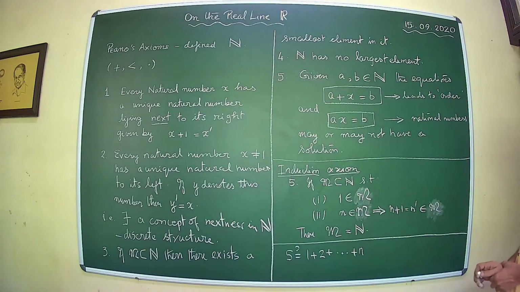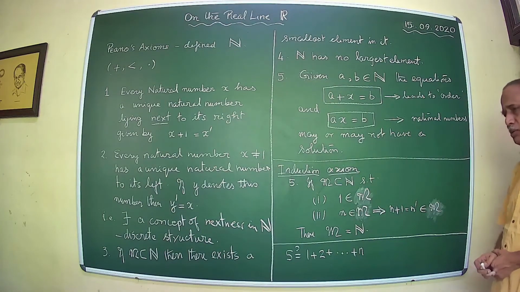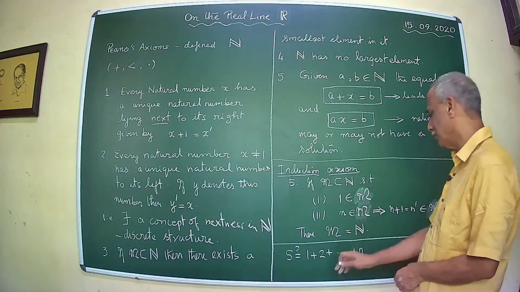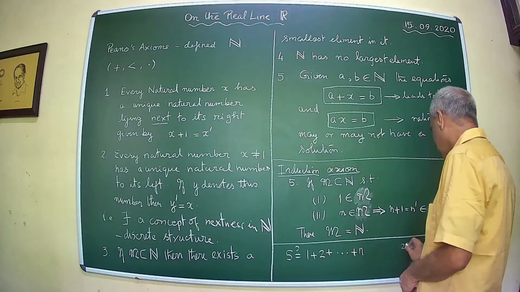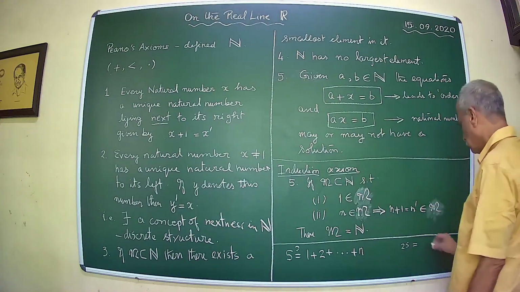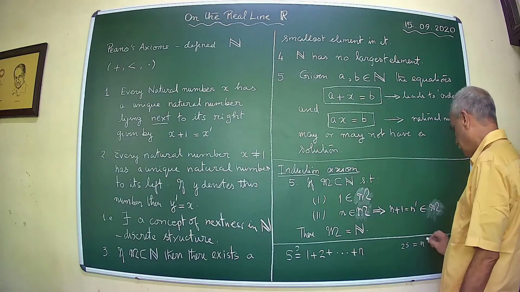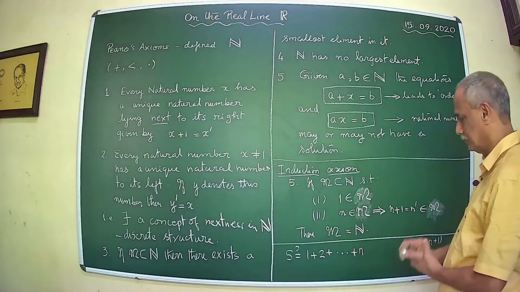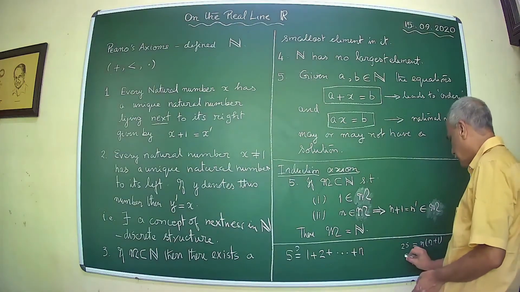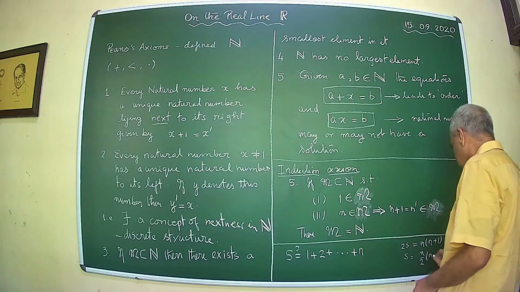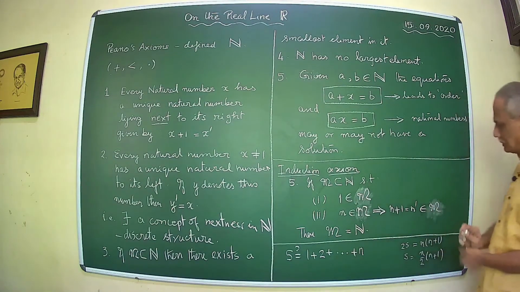How do you do it? You put n plus 1 plus, etc. So you get s equal to n into n plus 1, and therefore s is equal to n by 2 into n plus 1. But how do you prove that this is actually this?